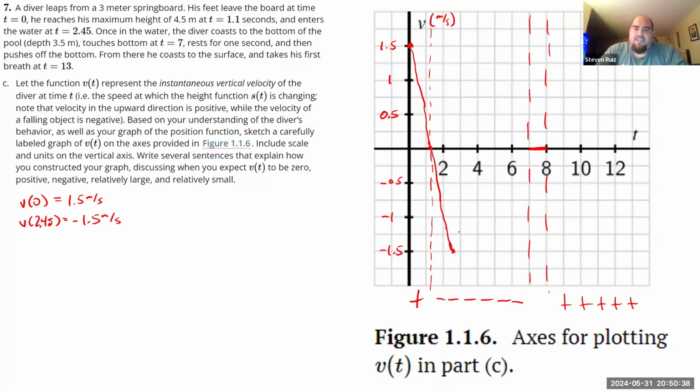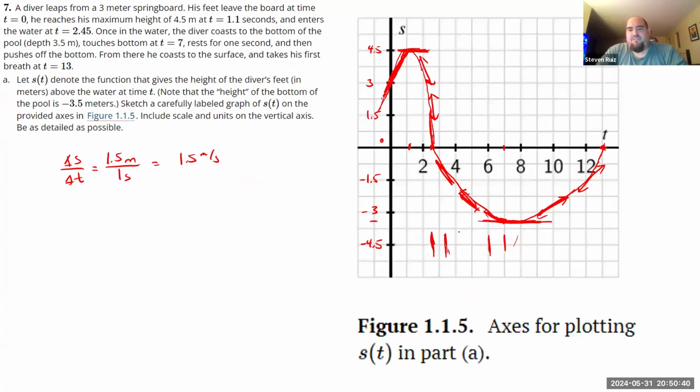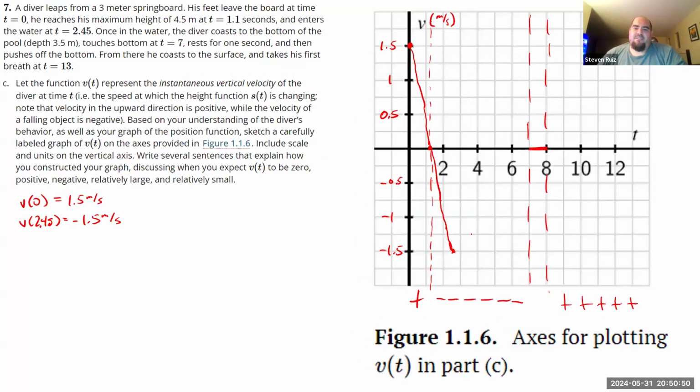let's revisit something. If we go back to our position graph at 2.45 seconds, this is where I'm seeing the steepest downward slope. So because of that, that should be where we see our lowest negative velocity, the negative velocity that's furthest from 0. But what happens to the velocity from that point on?